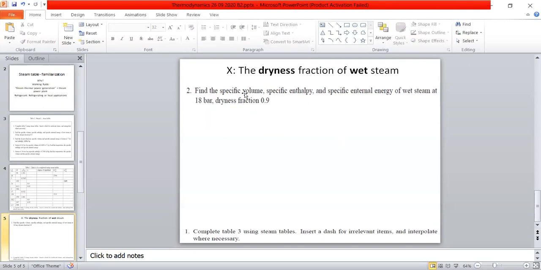Find the specific volume, specific enthalpy, specific internal energy, not E but U, of wet steam at 18 bar, dryness fraction 0.9. So what does x equals 0.9 mean? That's a question.